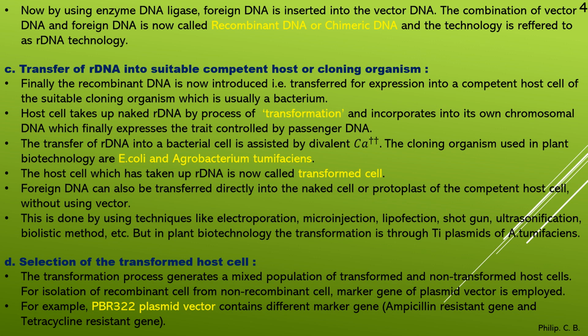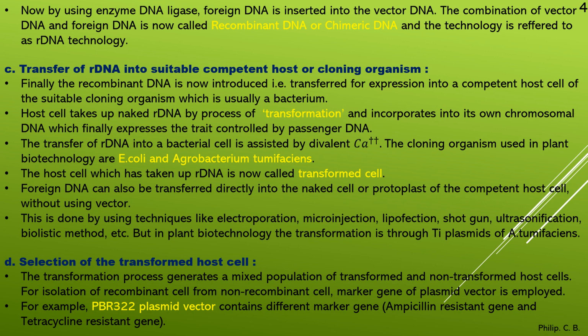Now further it is introduced or transferred into a competent host or a cloning organism. Finally, the recombinant DNA is transferred for expression into a competent host cell of a suitable cloning organism, which is usually a bacterium.